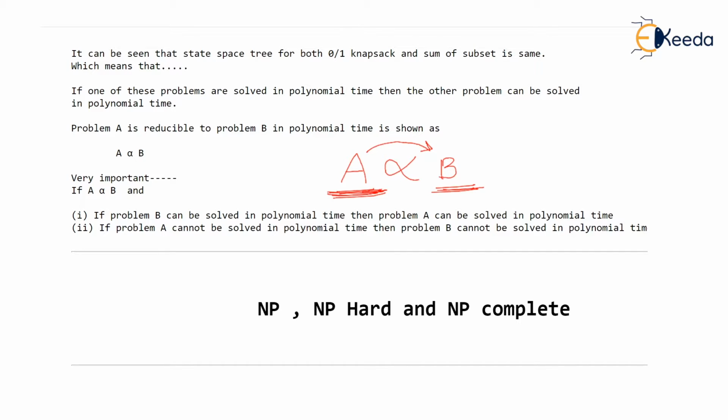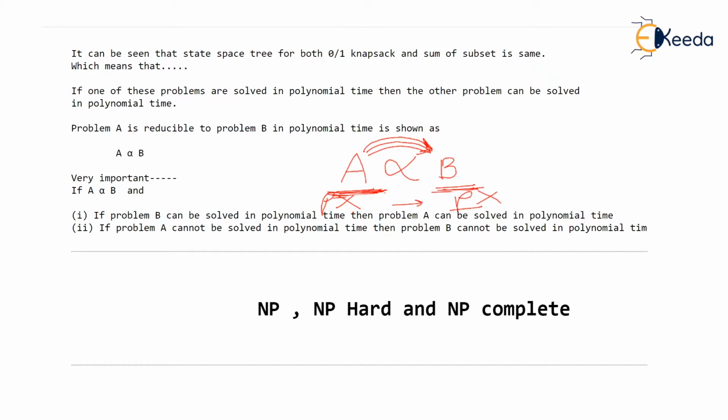At times, this theorem can be confusing. Watch it again. If A is reducible to B and B can be solved in P time, then A can surely be solved in P time. Okay, the first part. The second part is: if A is reducible to B in polynomial time and if A cannot be solved in P time, there exists no algorithm which solves A in P time, then surely B also cannot be solved in P time.